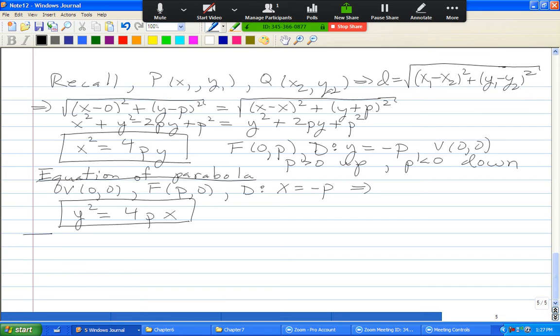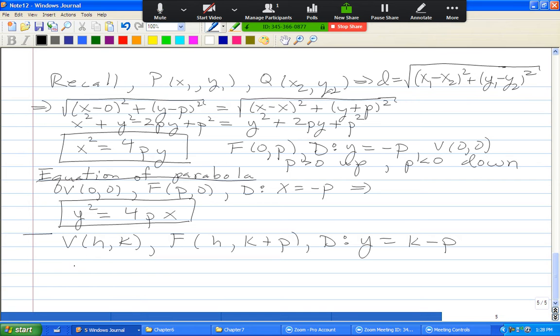Let's do another equation. Suppose your vertex is at h, k and the focus is at, let's do this one first, h, k plus p, and the directrix is y equals k minus p.